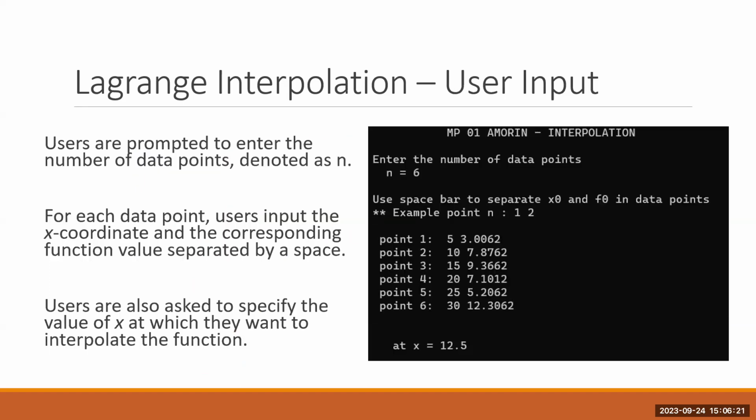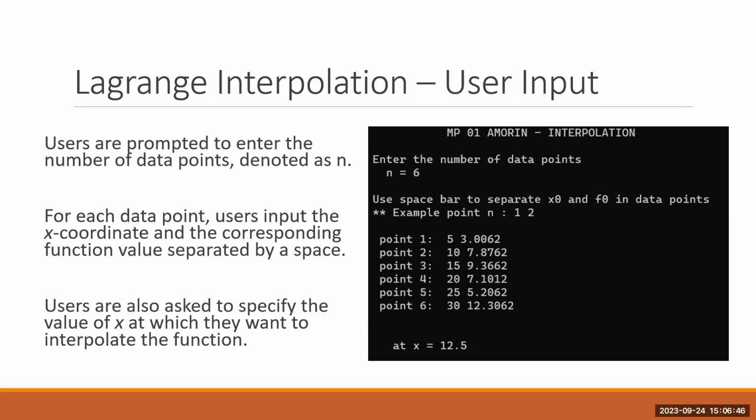The user inputs of this executable file are the number of data points, which is 6. To input the data points, we need to separate X and F using the space bar, as shown on the screen. Users are also asked to specify the value of X at which they want to interpolate the function.